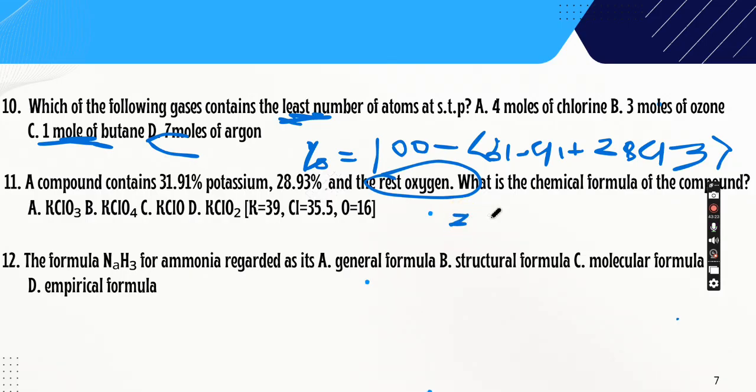So we have 31.91 plus 28.93. That will give you 68.84.